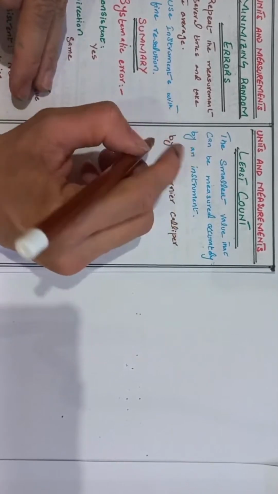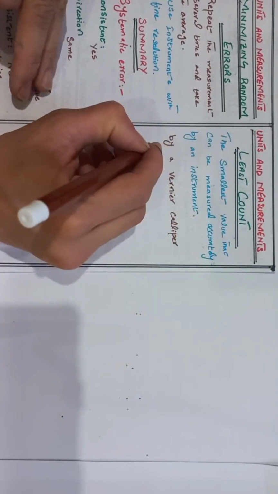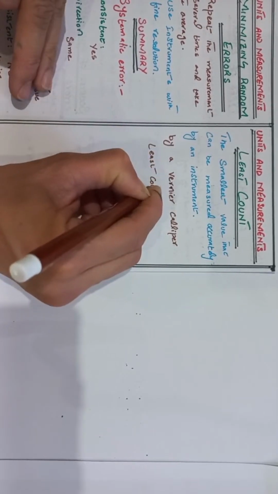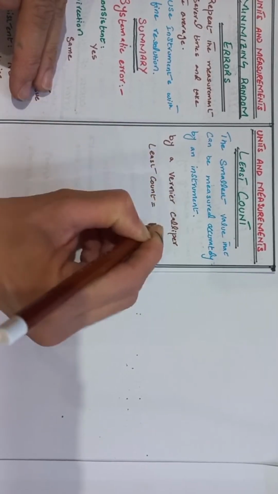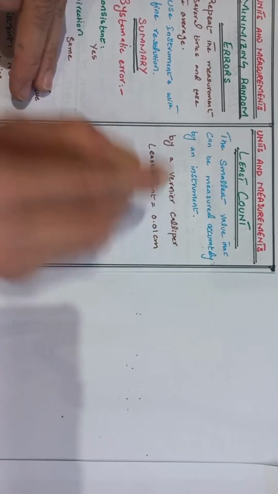The least count of a vernier caliper is equal to 0.01 centimeter.